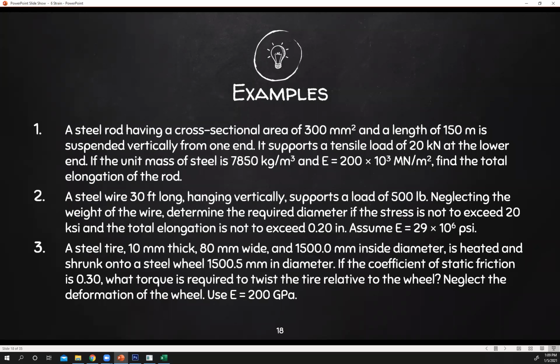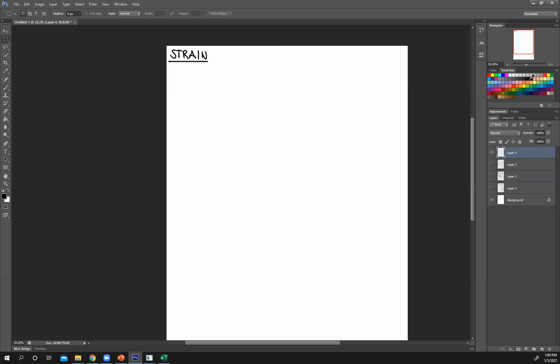So before we analyze that, let's try to write out our given first, since it's kind of hard, well, not hard, but tedious to understand. So number 3, let's write out our given. Thickness of your tire was 10 millimeters, so T. The width of your tire is 80 millimeters.